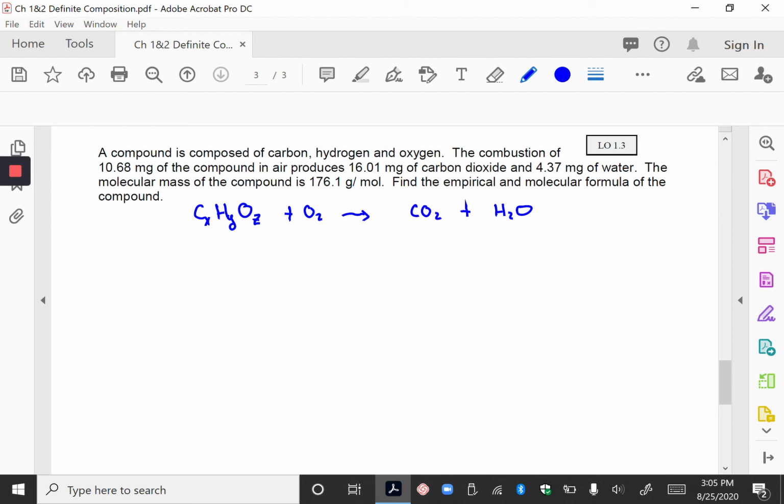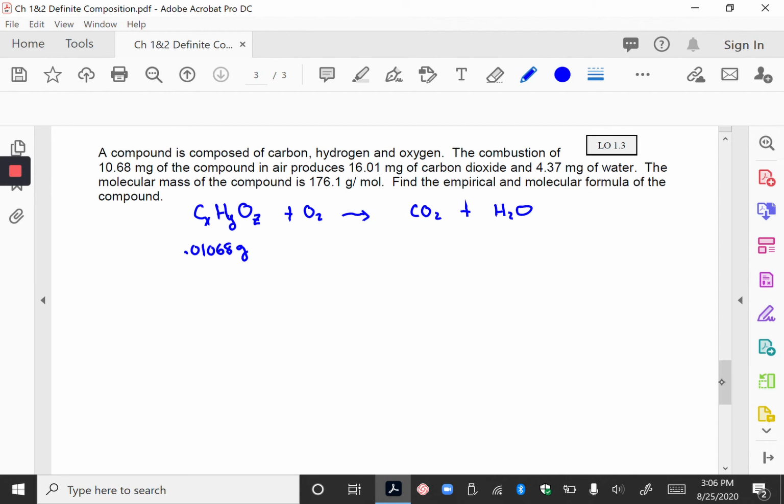They give us a bunch of masses here. They're all in milligrams. That's really bothering me. So I'm going to go ahead and change that to grams. So 10.68 milligrams of the compound would really be 0.01068 grams. They tell us that we have 16.01 milligrams of carbon dioxide.